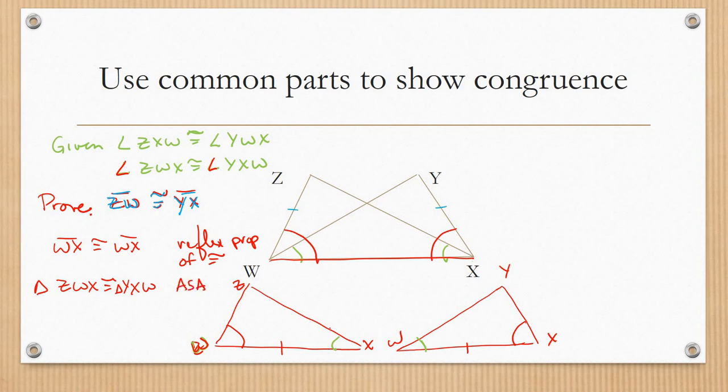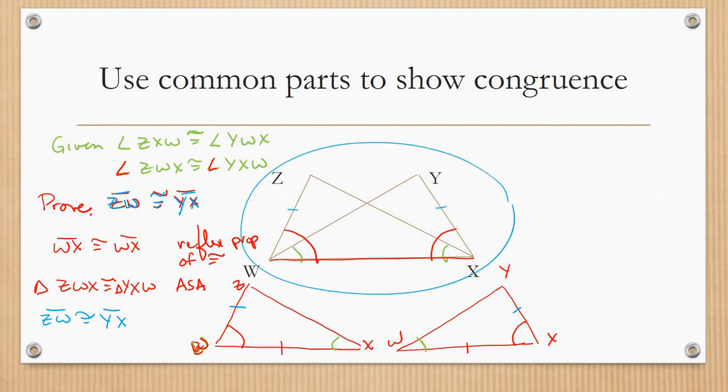And then since those two triangles have common parts that are congruent, I can now say that ZW is congruent to YX because parts of congruent triangles are congruent. So again, sometimes drawing the triangles outside of the big picture gives you a better chance to see what's going on. Let's try one more.